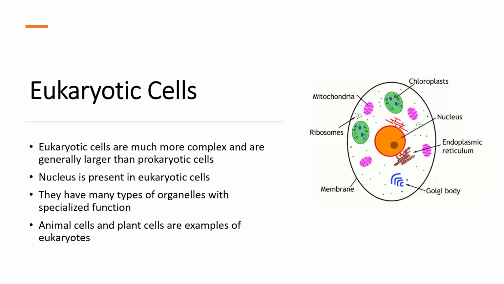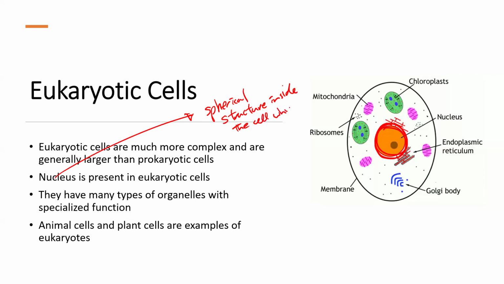The defining feature that distinguishes the two is the presence of a nucleus. Eukaryotic cells have a nucleus. So there's a circular, spherical structure inside the cell which holds genetic material.